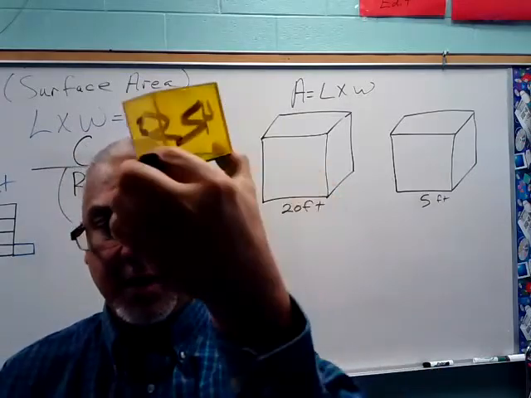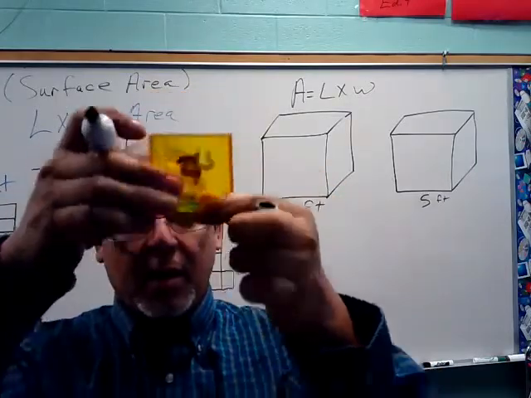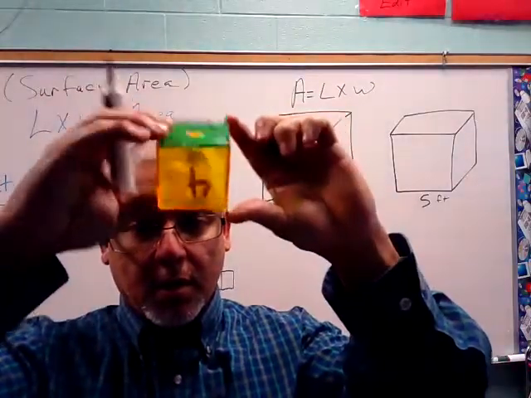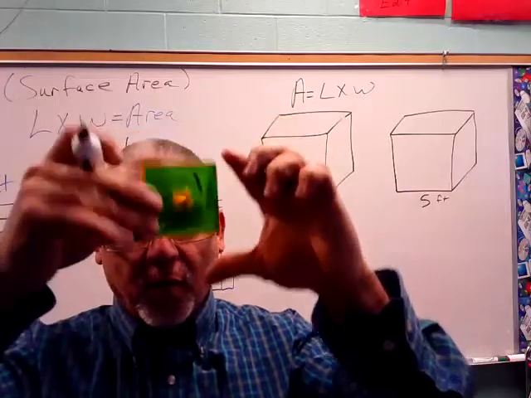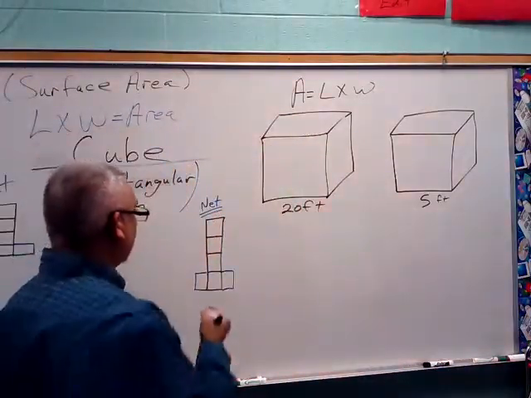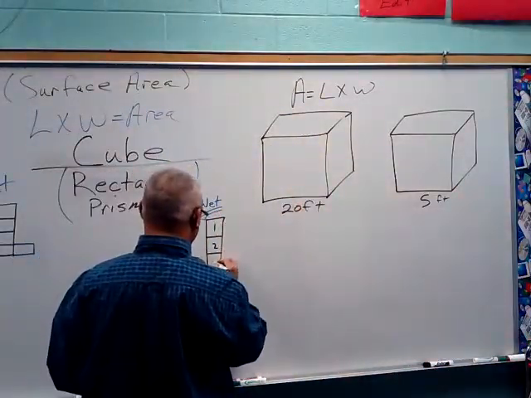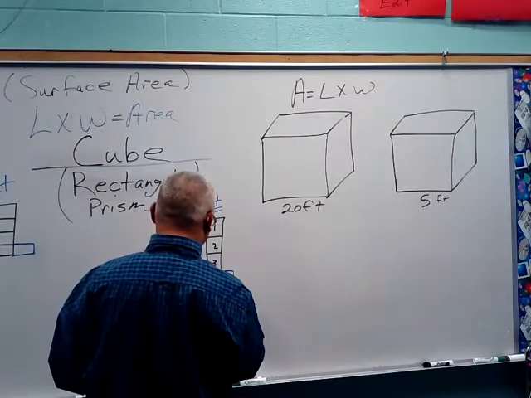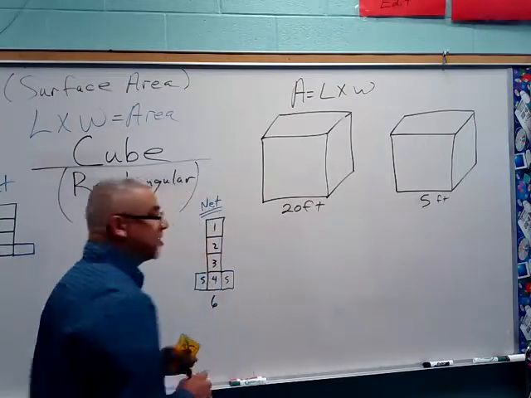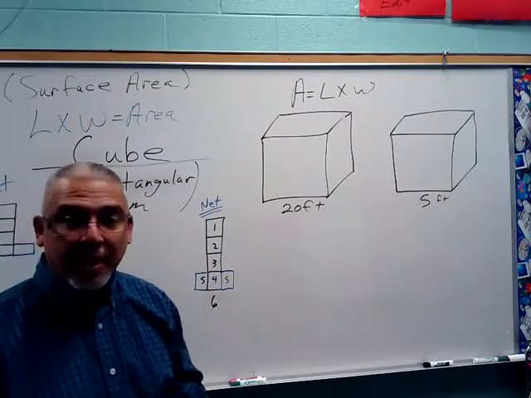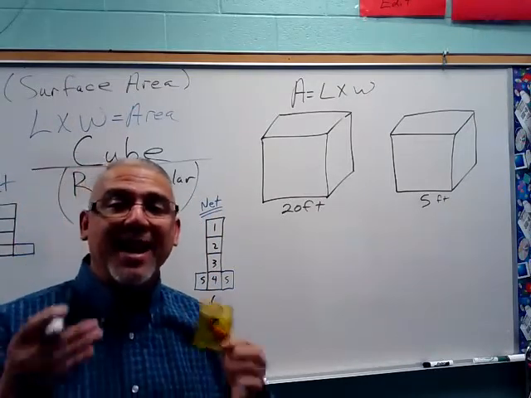So side, and then 1, 2, 3, 4. So as you can see, 1, 2, 3, 4, side. So altogether, a total of 6. Okay, that's looking at it from the net.